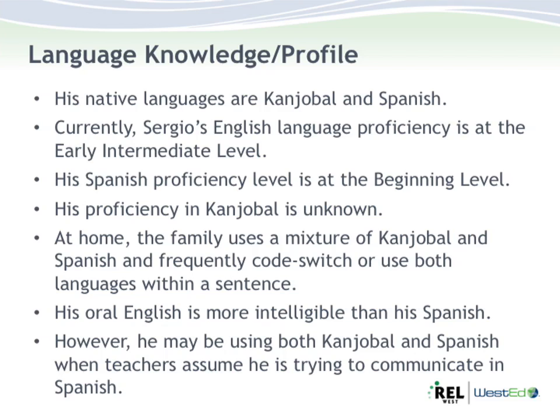We have trouble understanding him across any of his languages, and so we're trying to determine difference or disability, but of the 3 languages, his English is more comprehensible. We're really unsure of his level of Spanish because he may be code mixing Conjobal and Spanish when we assume he's trying to speak Spanish. We can't really tease that out. And we're talking, yes, oral communication.